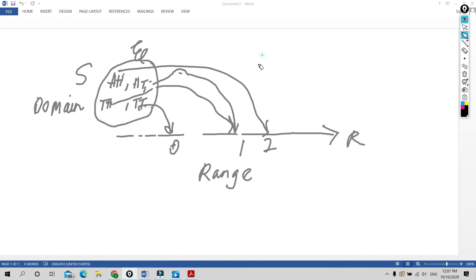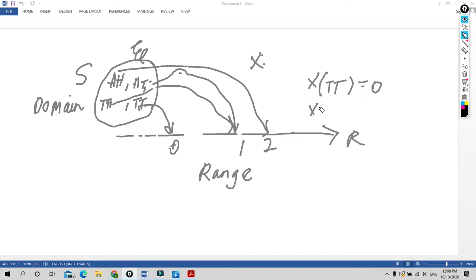So in other words, the function here is known as X. So X of tail-tail is equal to 0.